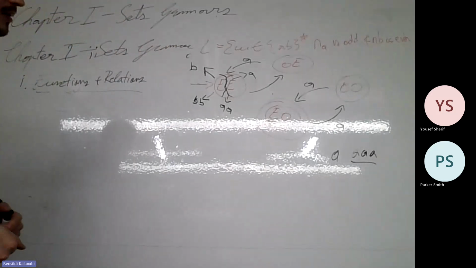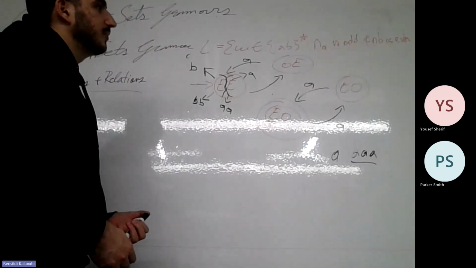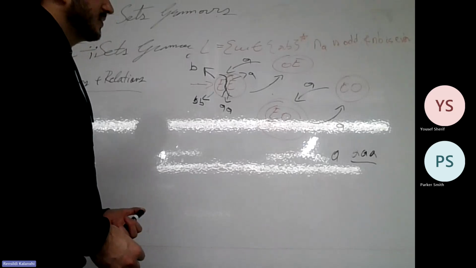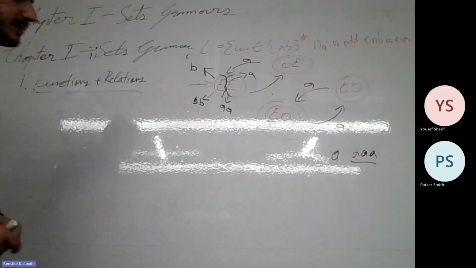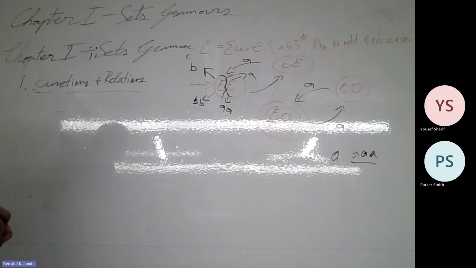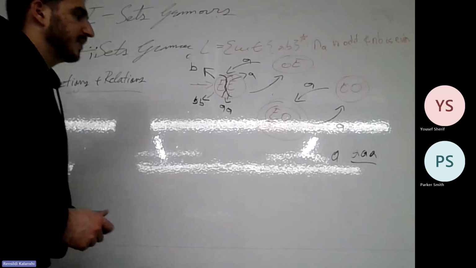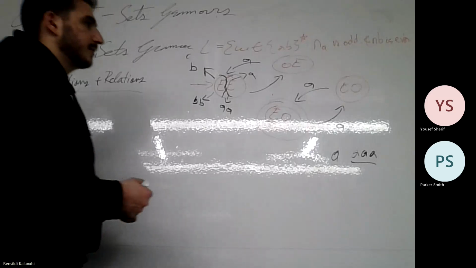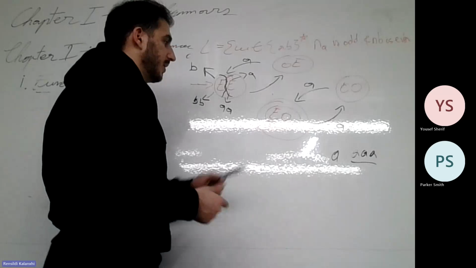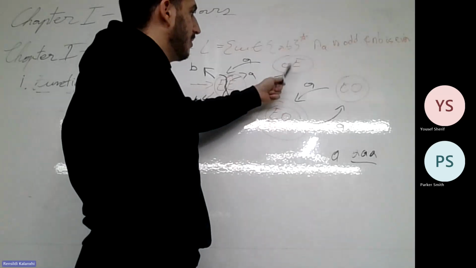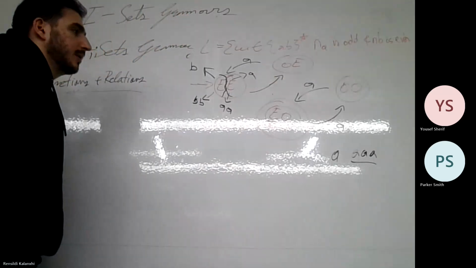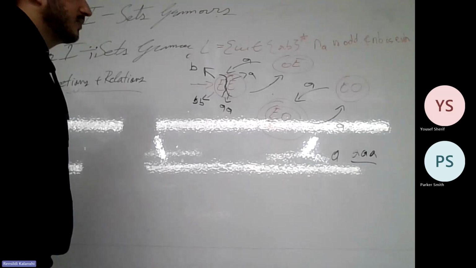But we can also do this. I don't think the final state should change. I think we can change the transitions. We can do EO, OE for A's. Right? You're sending to.